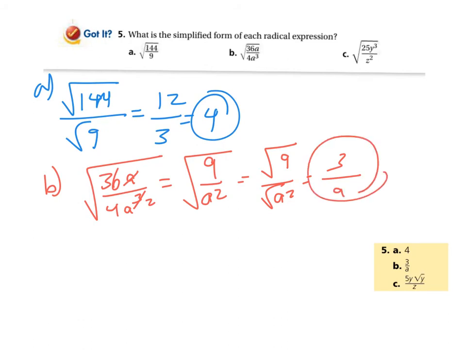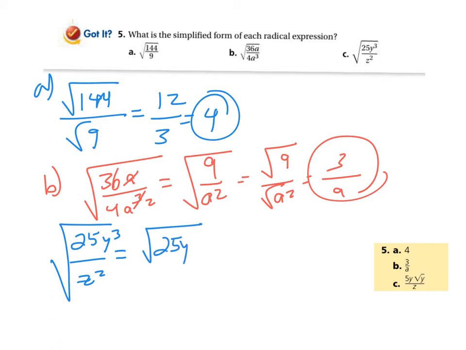And to finish it up here, this one's a little more fun. We have the square root of 25y cubed over z squared. Before we do anything, there's nothing we can reduce. So you can go ahead and break them up. So we get 25y cubed under the radical on the top and the bottom, z squared.